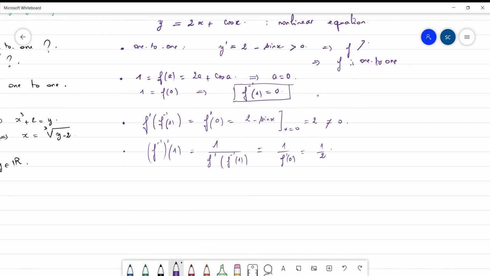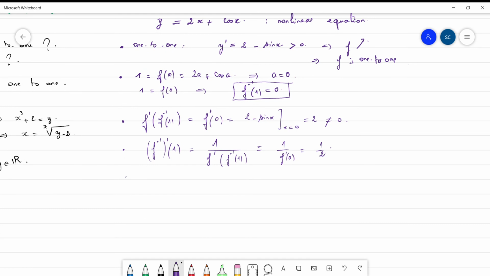We can be interested also in finding the tangent line at a equal 1 to the graph of f minus 1. We know that it will be y minus f minus 1 at 1 equals the slope, f minus 1 prime at 1, times x minus 1.